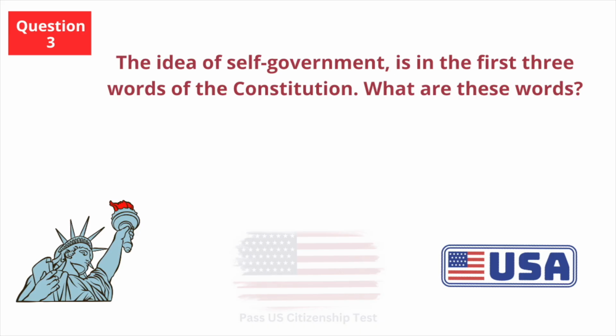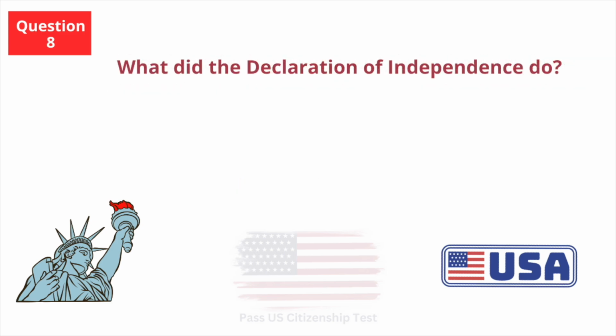The idea of self-government is in the first 3 words of the Constitution. What are these words? We the people. What did the Declaration of Independence do?